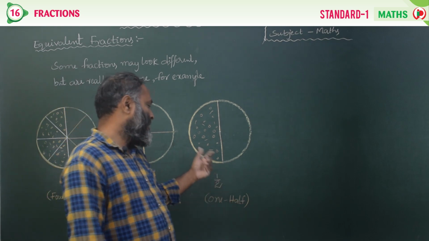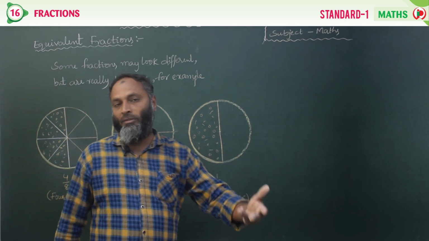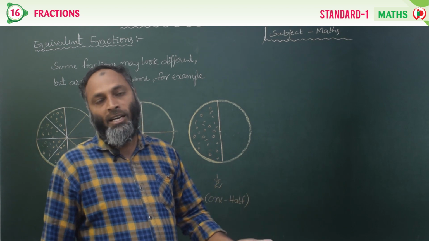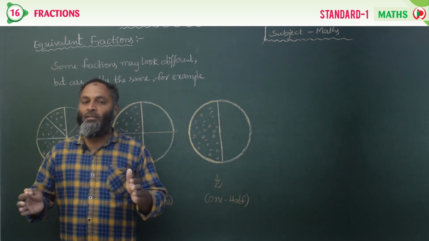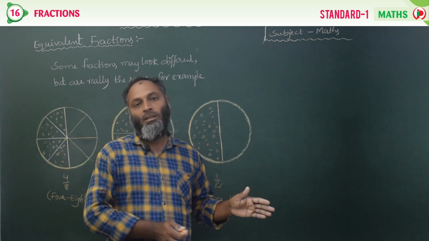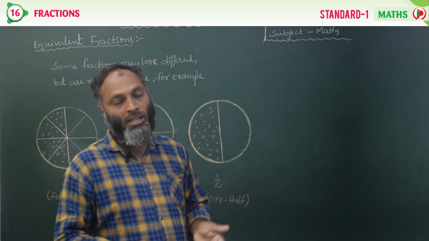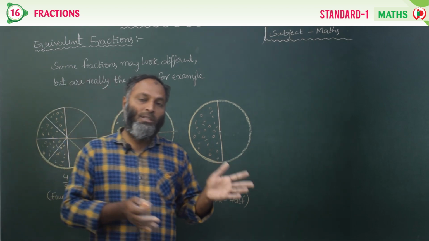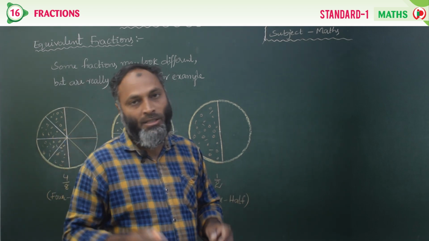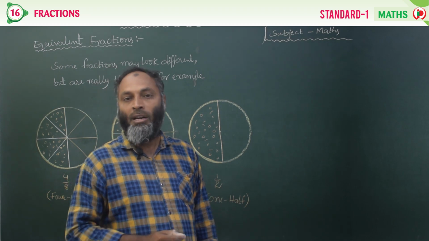How to get equivalent fractions by multiplying is the second concept. But actually, what are equivalent fractions? Some fractions look different, but if we draw them in a picture, they look the same. These types of fractions are called equivalent fractions.